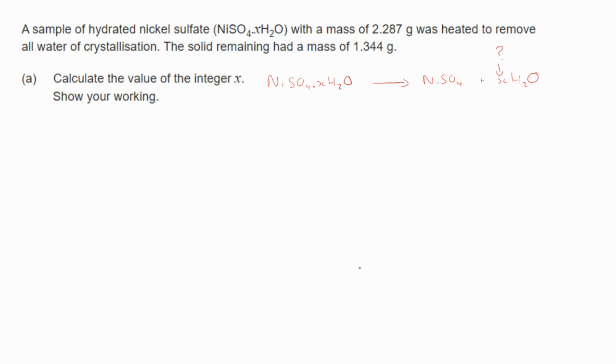So it tells me that I start with a mass of 2.287 and that I end up, once I've heated it, so the water's driven off as steam, and I end up with 1.344 grams of nickel sulfate.